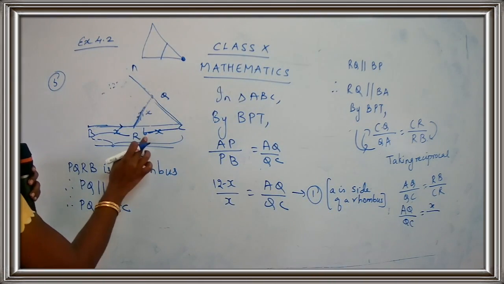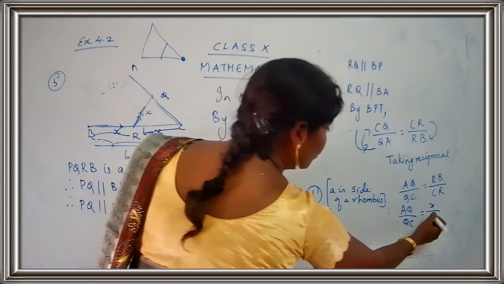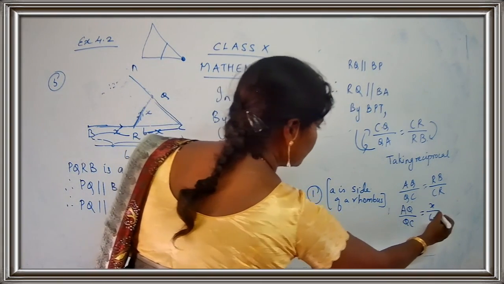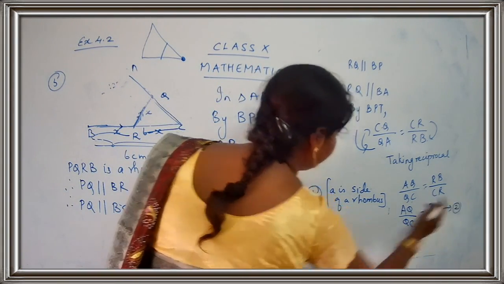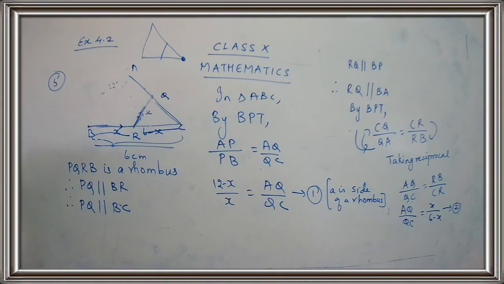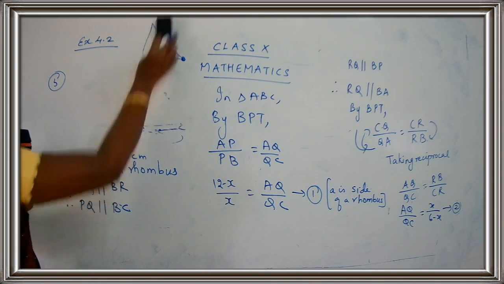It is 6 minus X. Already I have told you how you get the 6 minus X. So take this as number 2. AQ upon QC is equal to X upon 6 minus X. Write down the values. This is when I consider the second set of parallel lines. Now let's continue the next part over here.